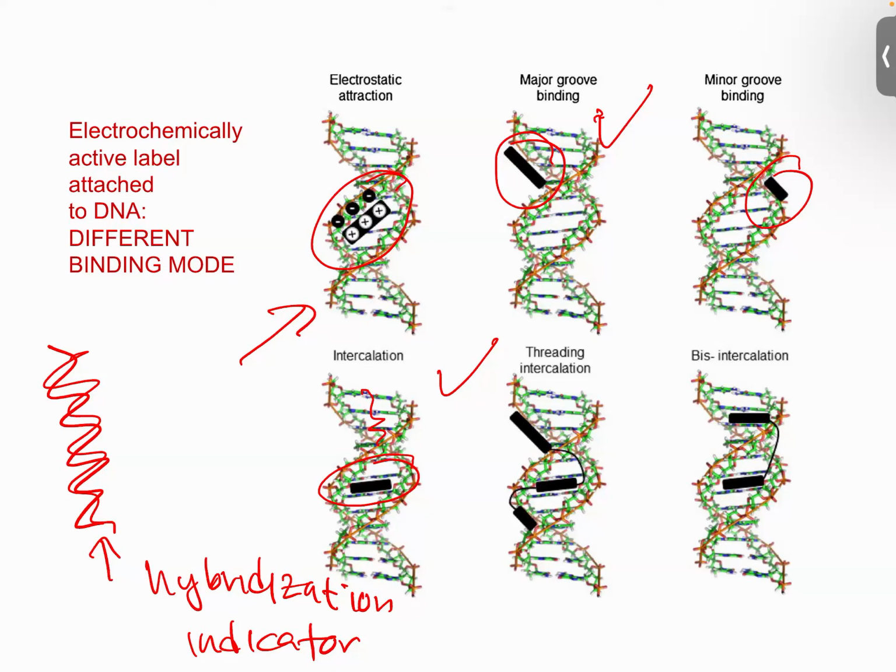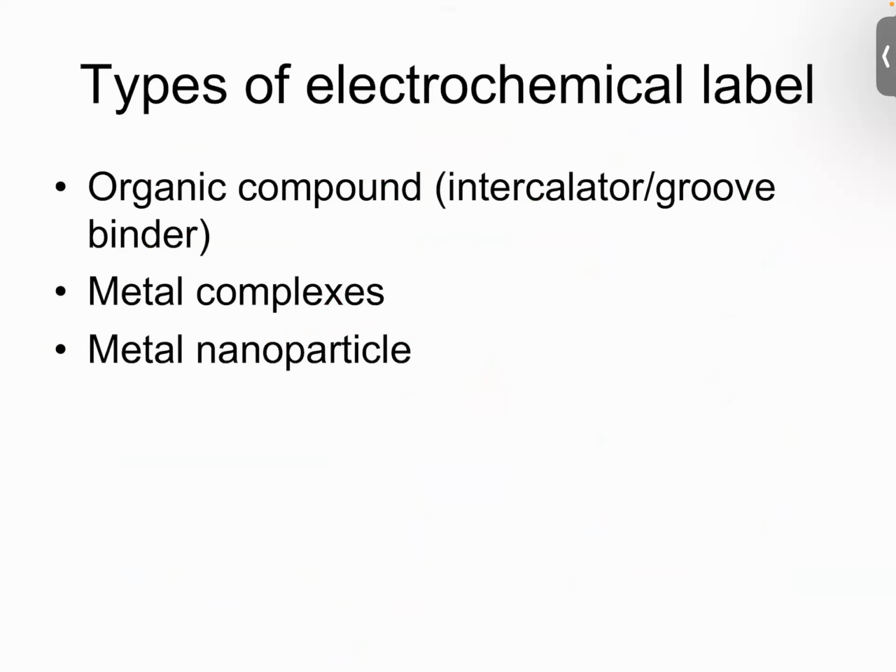It's not that difficult, but we look through what are the examples of intercalators. There are so many names. Now I mentioned intercalators and major groove binders. The function is to tell us whether you have a very good hybridization or a weak hybridization, because you cannot tell just by looking. It does not show you anything, right?